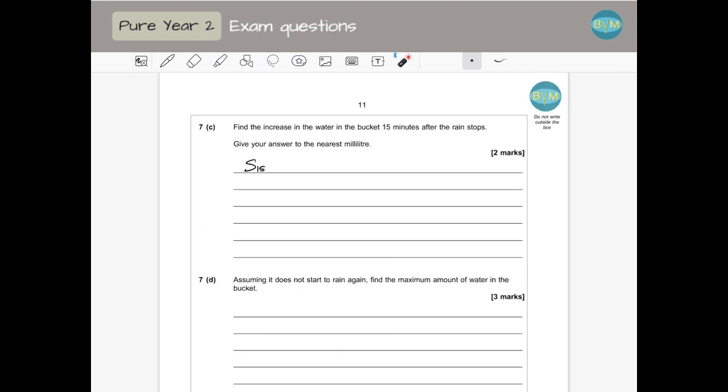So in this case, this is going to be A times 1 minus r to the power of n, divided by 1 minus r. A was 30, 1 minus 0.98 to the power of 15, I am adding 15 values, and then divided by 1 minus 0.98.